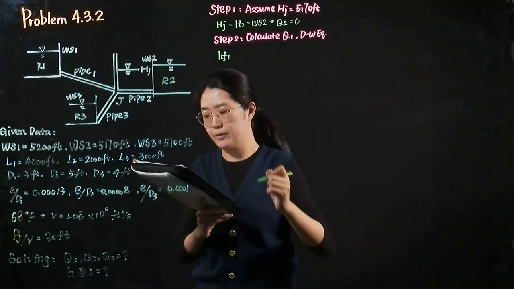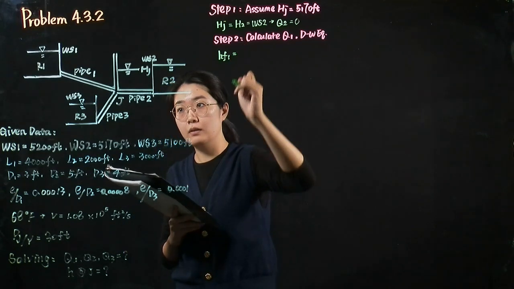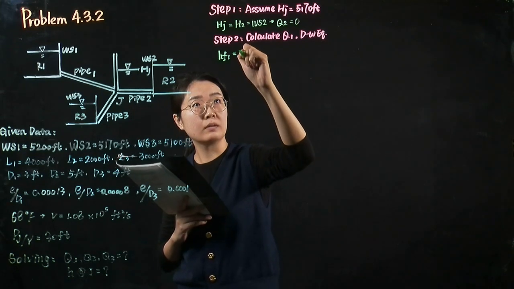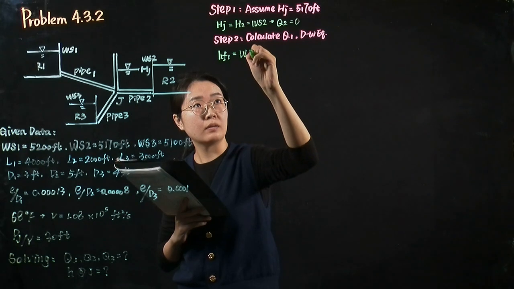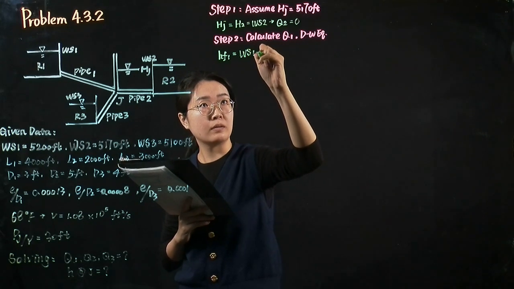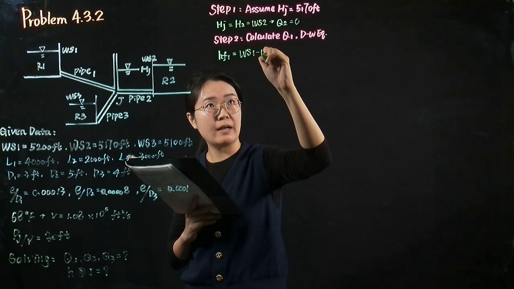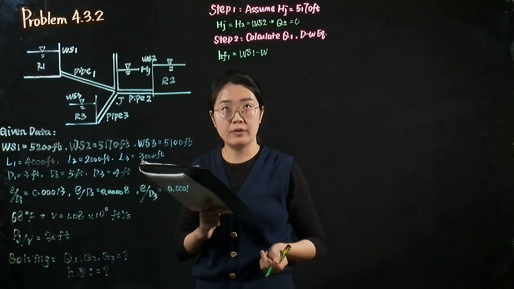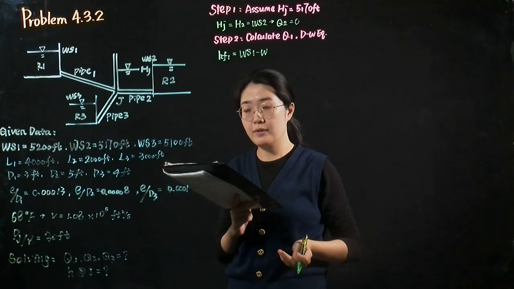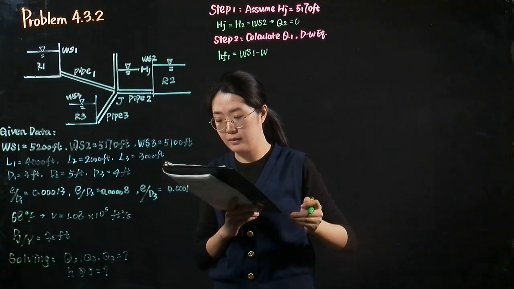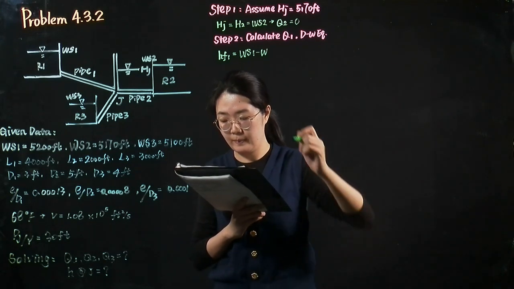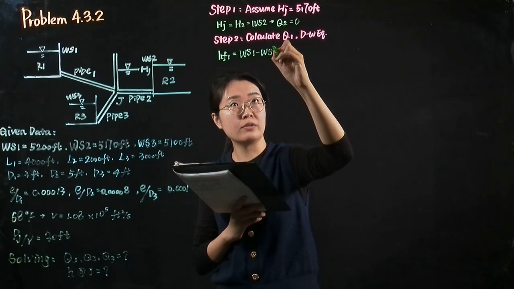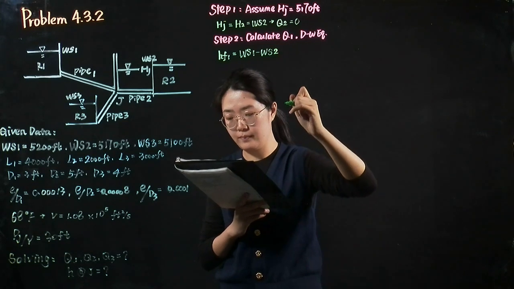The friction loss equals the elevation of the water surface in reservoir 1 minus the elevation of the water surface in reservoir 2.